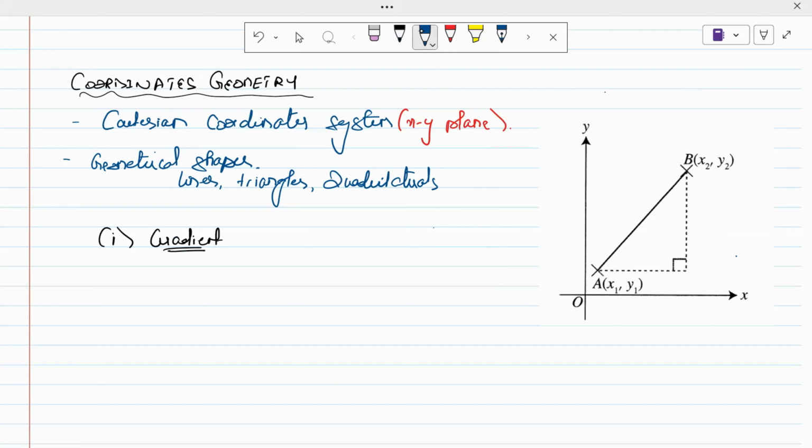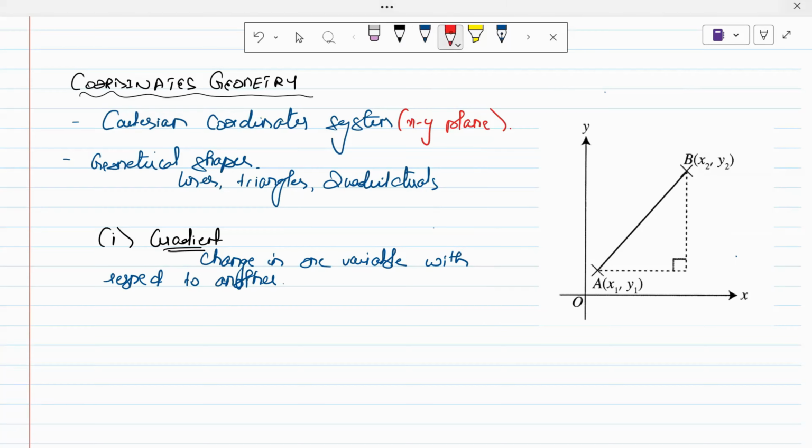Gradient is defined as change in one variable with respect to another. And for us on this XY plane, we have the two variables as x and y. So change in one variable with respect to change in another.